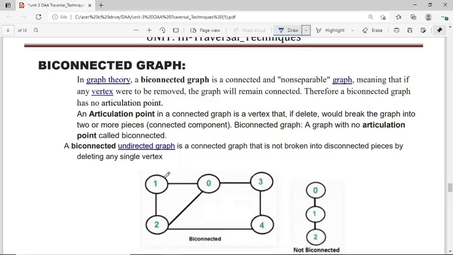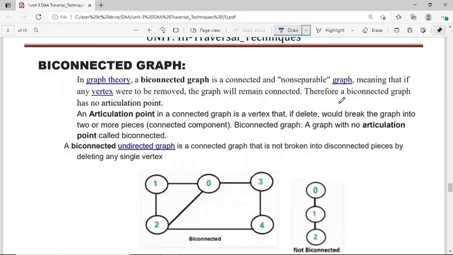In graph theory, a biconnected graph is a connected and non-separable graph, meaning that if any vertex were removed, the graph will remain connected. Therefore, a biconnected graph has no articulation point.